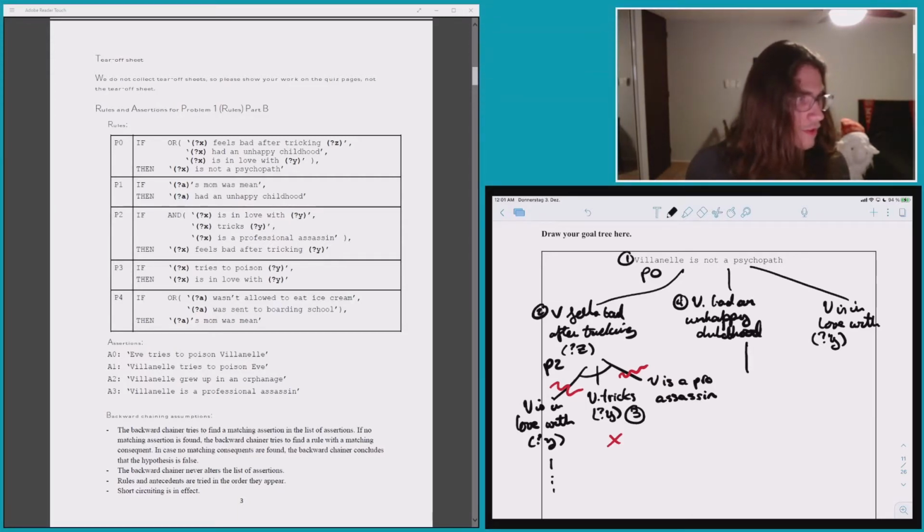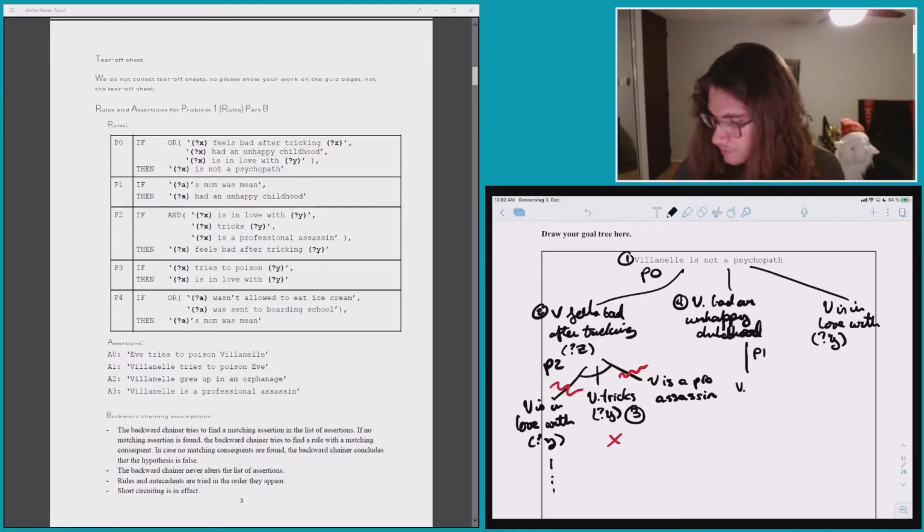This matches P1. And what comes is V's mom was mean. This is going to be number 5.